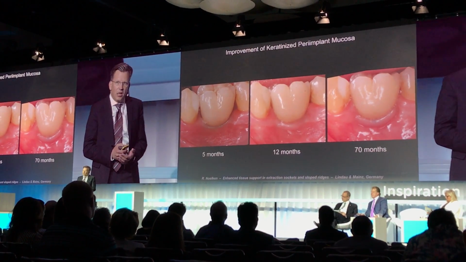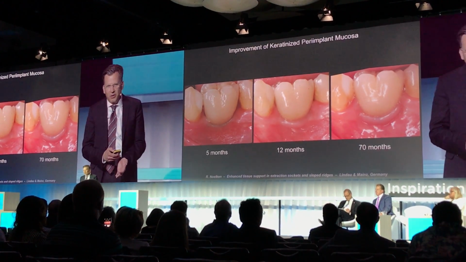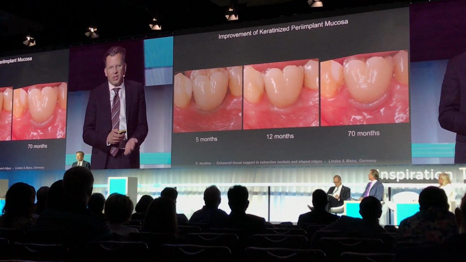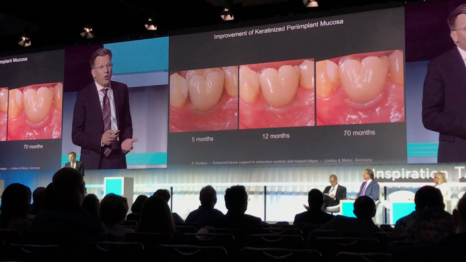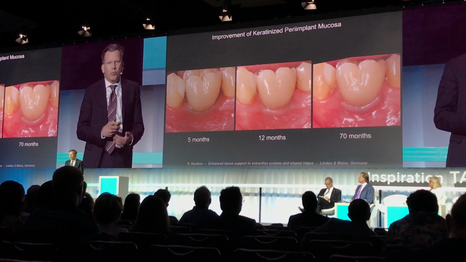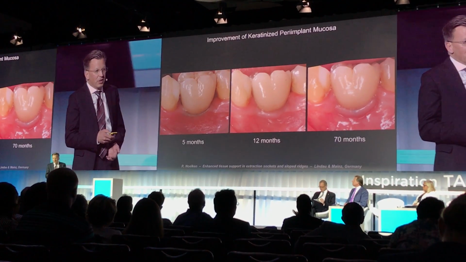Here you can see the delivery of the prosthetic restoration at 5 months, and you can see that the width of the peri-implant mucosa is much reduced. But in the long-term follow-up, right now at 6 years, you can see an improved width of the keratinized mucosa, thicker mucosa, higher papillae.